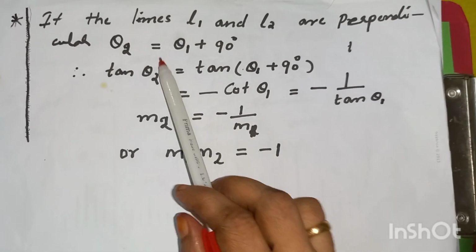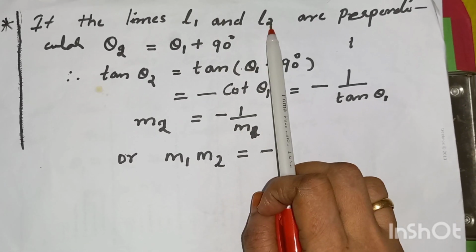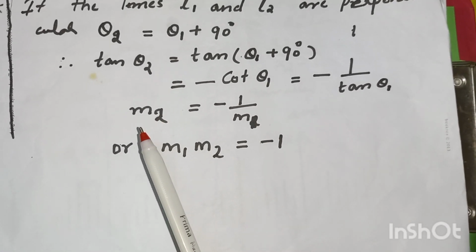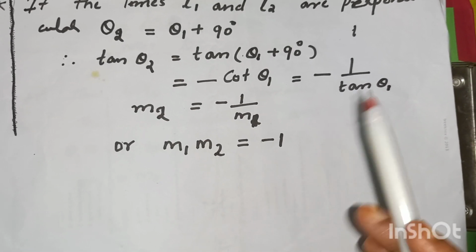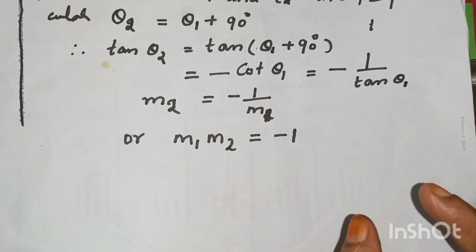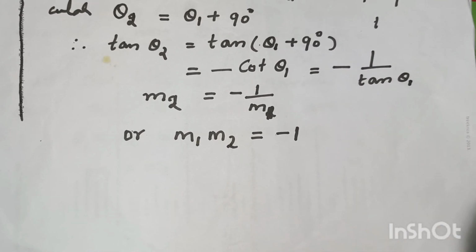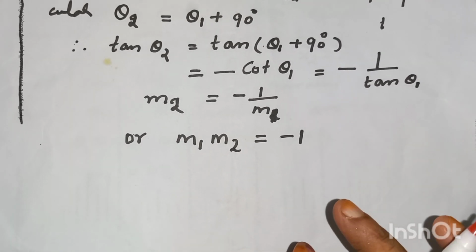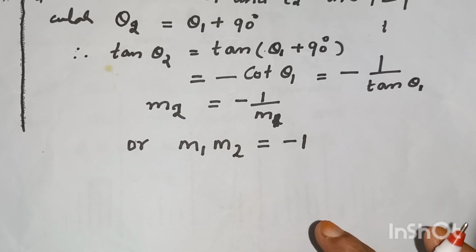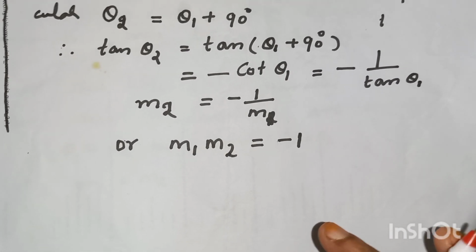We can say if the two lines L1 and L2 are perpendicular, then the product of their slopes is equal to minus 1, that is m1 into m2 is equal to minus 1. Is it clear for you?